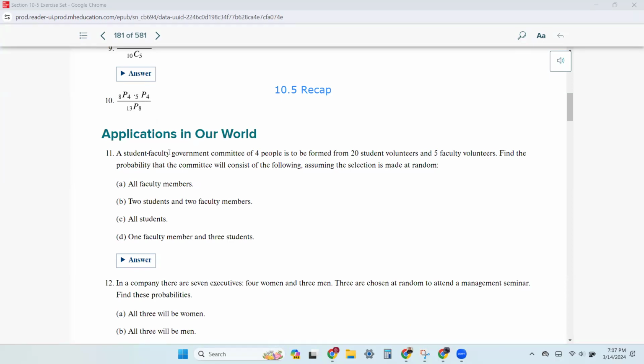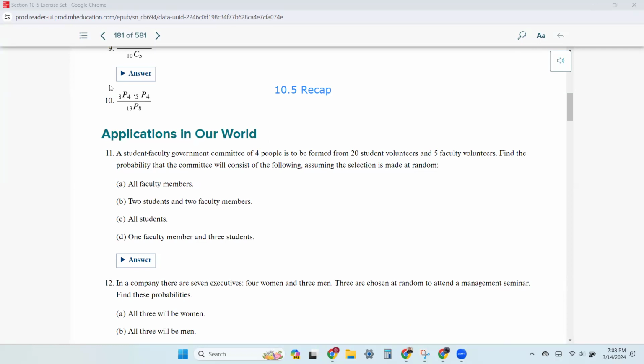we have a student faculty government committee of 4 people. So we're going to form a committee with 4 people. There's no mention of order because it's just a committee: no president, vice president, or secretary. So this is not permutations, it's combinations.